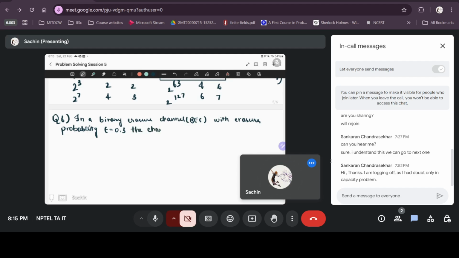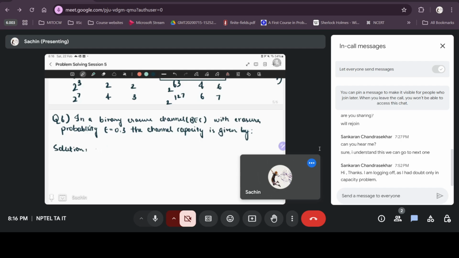The channel capacity is given by... Solution from class.